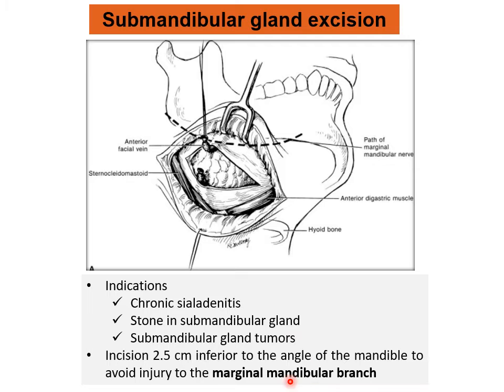The name of the nerve is the marginal mandibular nerve, which is a branch of the facial nerve. I will repeat. While performing submandibular gland excision, the incision should be given 2.5 centimeters below the angle of the mandible in order to preserve the marginal mandibular nerve, which is a branch of the facial nerve.